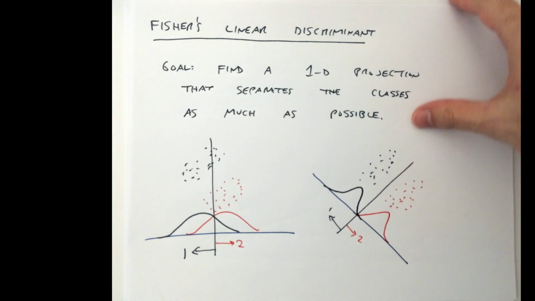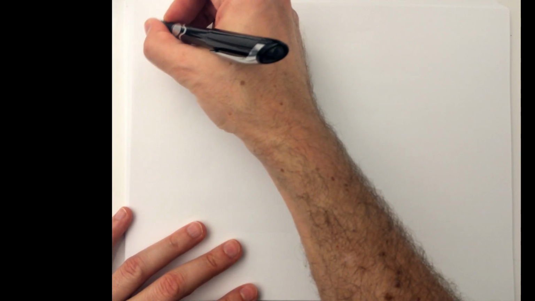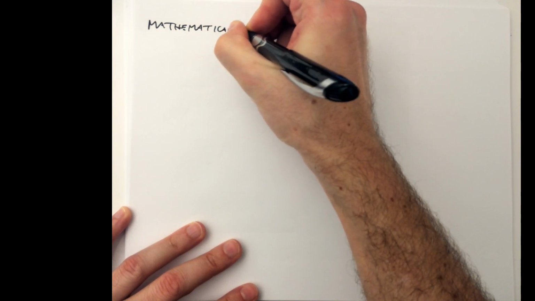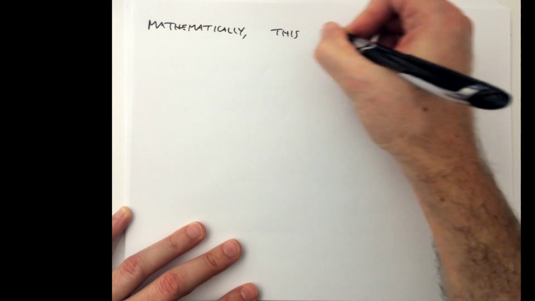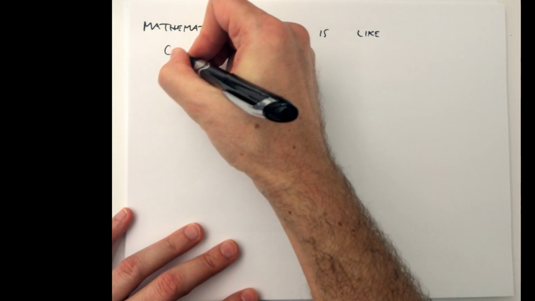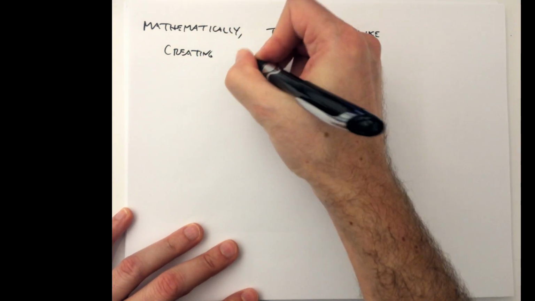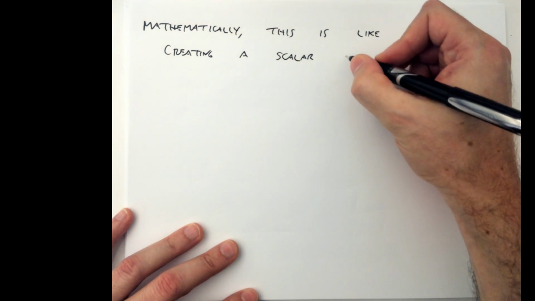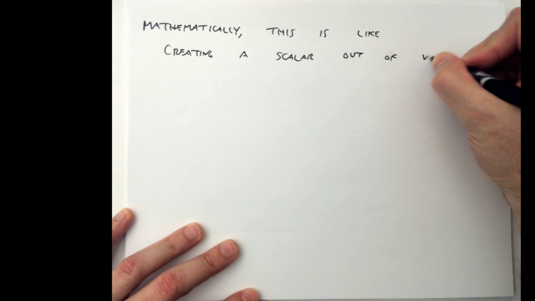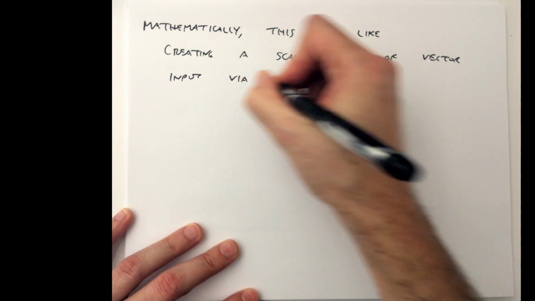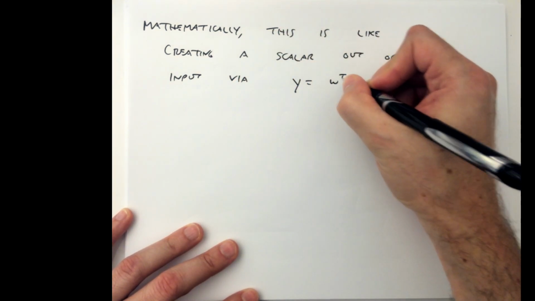Okay, so let's just say what I'm doing. Mathematically, this is like creating a scalar value out of my vector input via this equation, W transpose X, right?